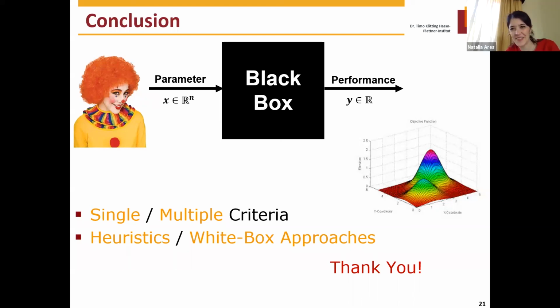Thank you so much, Timo, and that was a fantastic tutorial. So you mentioned a bit about this, that when you have noise, one technique is to, for example, evaluate many times and make an average. But sometimes there are other dynamics of the optimization landscape.